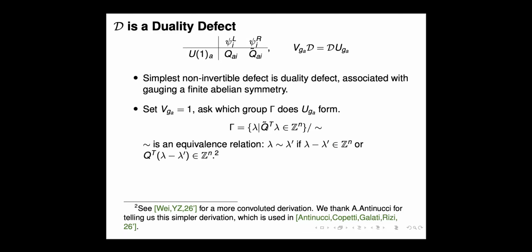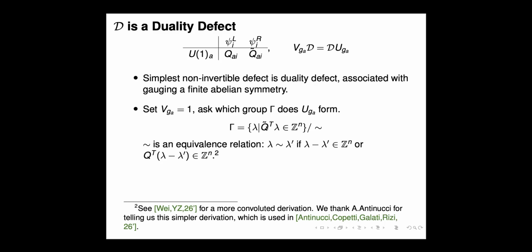In our paper, we presented a more convoluted discussion to find this D. But Andrea told me that there is a simpler proof, so I want to explain it. This proof is actually used in his paper in the context of the 3-4-5-0 example, and the point is that it works in general.